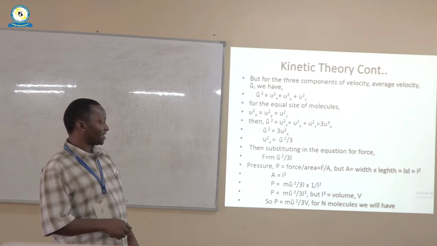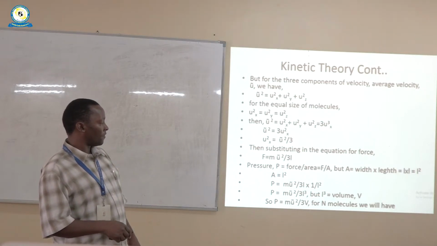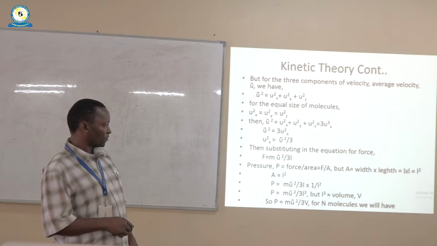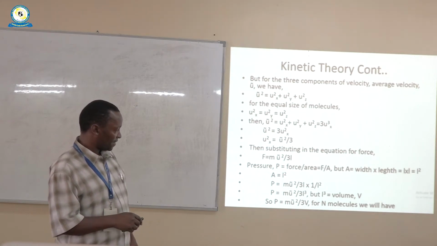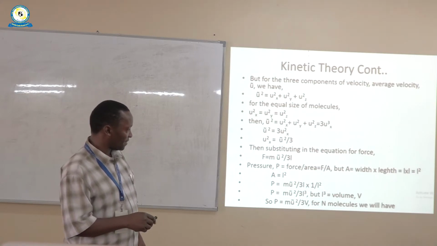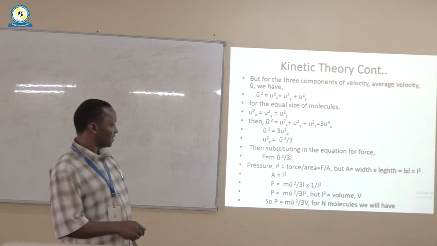Now, if we substitute it in the formula of finding force, the force will be represented as the mass times velocity squared divided by 3L.